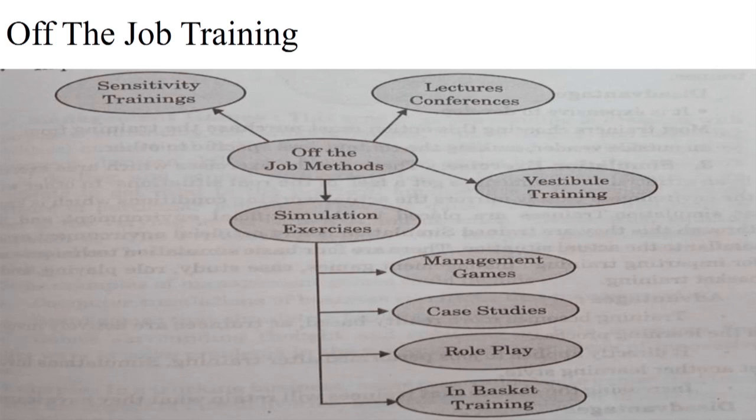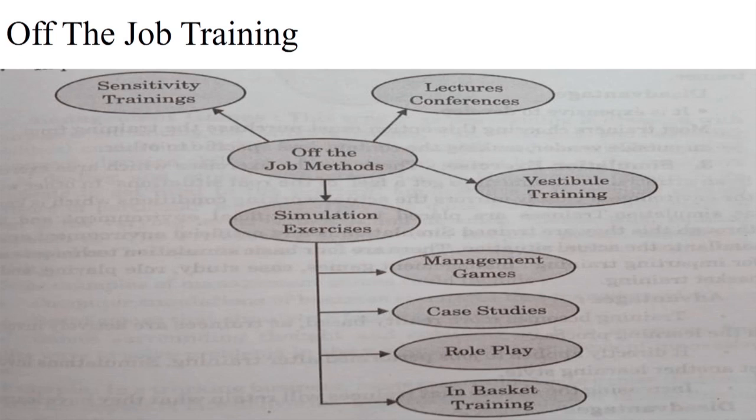That means you do not have to learn while you're performing a job, but it is done outside the actual workplace. Off-the-job training is at times also known as vestibule training, where people are trained in a separate area where the actual working conditions are duplicated. I will be discussing vestibule training also in a while.